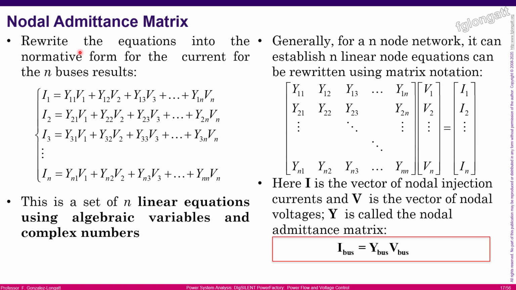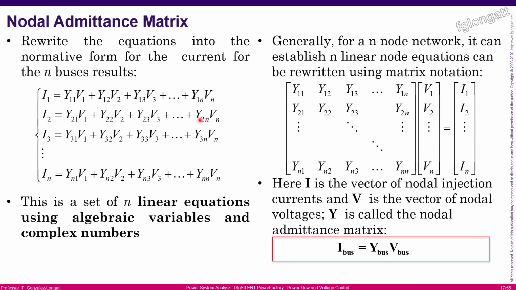However, now if we assume that we have n bus bars inside this power system, we have the current for bus bar 1, bus bar 2, bus bar 3, up to bus bar n. Something you must realize: this is a linear system, because the relationship between current and voltages is defined by the admittance, and this is a set of linear equations. Of course, we are using algebraic variables, which are complex numbers: voltages represented by phasors, currents represented by phasors.